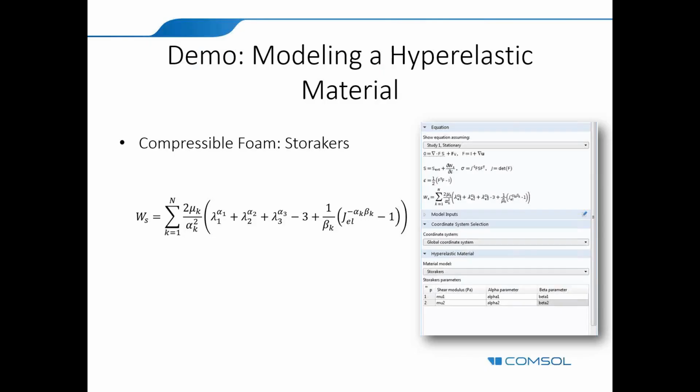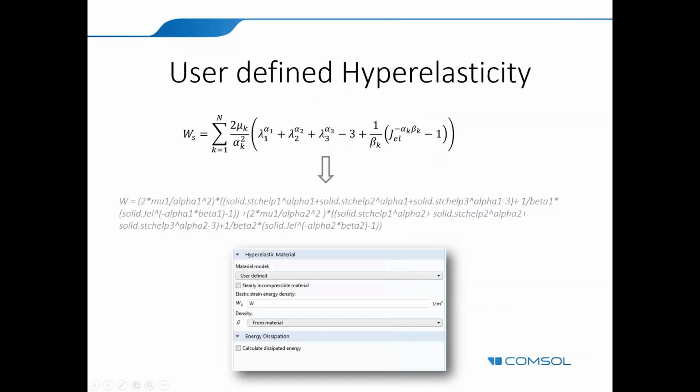All right, now going back to my presentation, you can also use user-defined hyperelasticity. If you have a material model which is not inbuilt into COMSOL, you can write the strain energy density in terms of inbuilt variables. We have inbuilt variables for principal stretches, invariants, and so on.